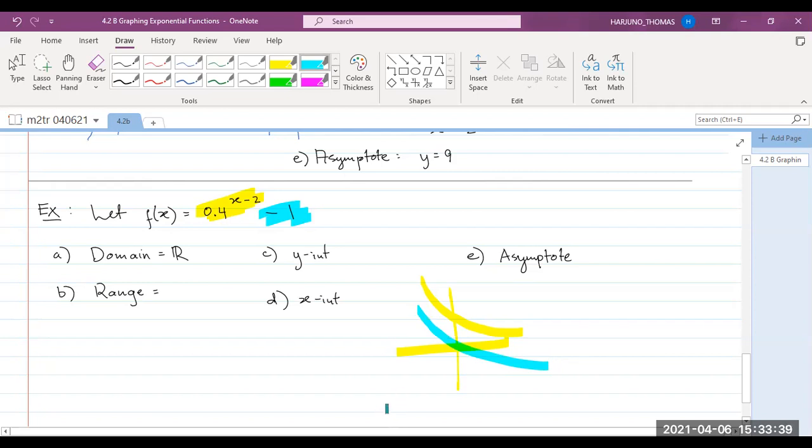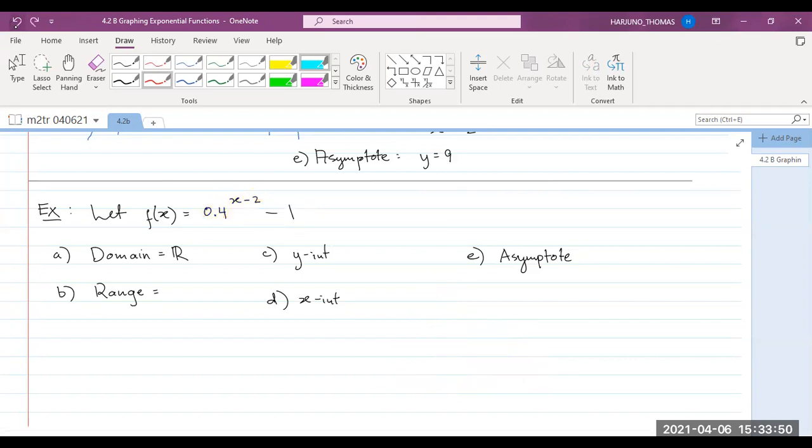So the horizontal asymptote is y equals -1. Now then, the range will be from -1 to infinity. The asymptote is y equals -1.